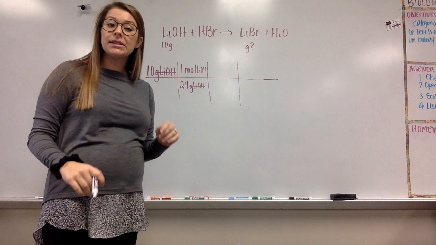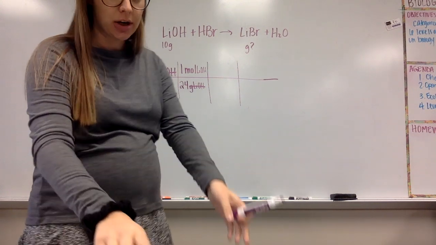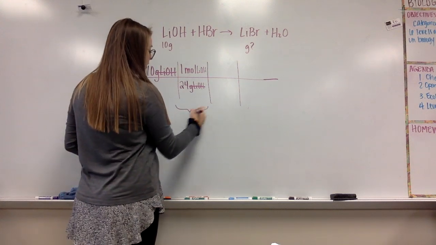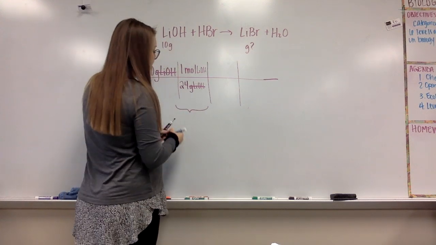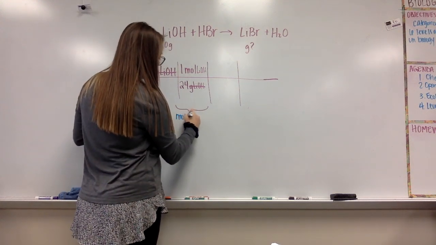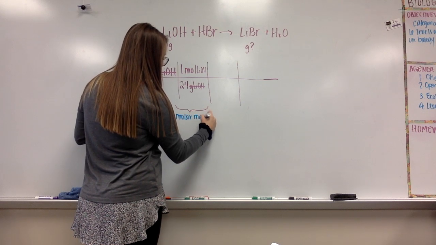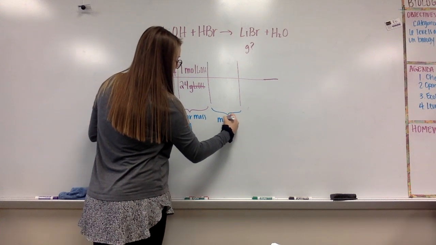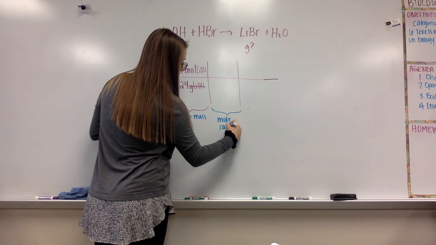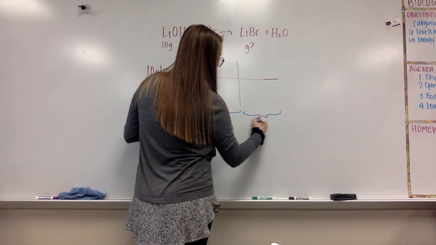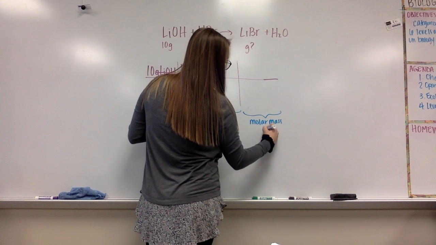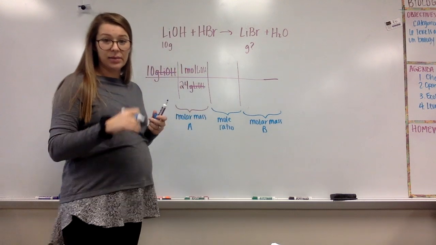Okay, then my next step, I'm going to use molar ratio in this step right here. So again, this was, I'll do some different color. Molar mass of A. Then we're going to do mole ratio. And then this is going to be molar mass of B, or your second substance.